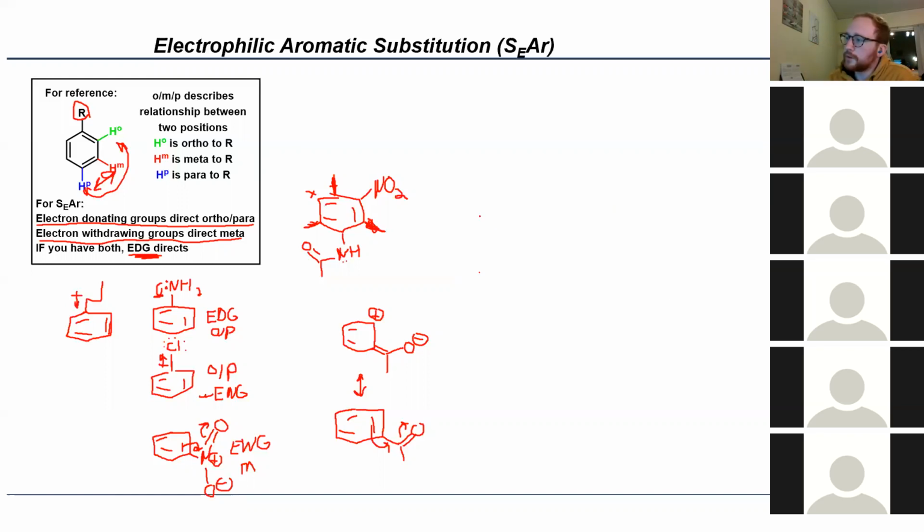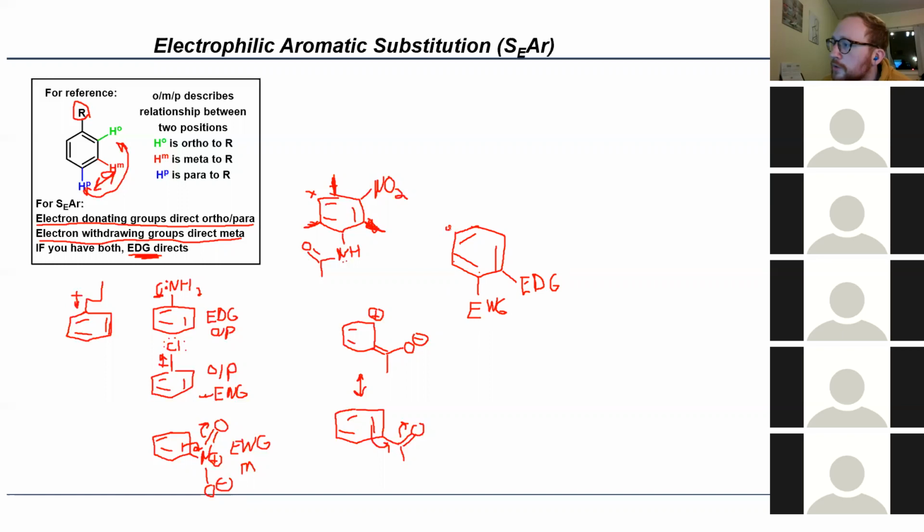Okay, so let's draw that out so I can see what you mean. So if there is an EDG and an EWG, EDG is electron donating group, EWG is electron withdrawing group. If an electron withdrawing group is ortho to an electron donating group, would there be a preference for substitution at the position para to the electron donating group?